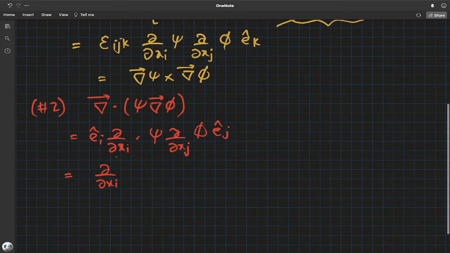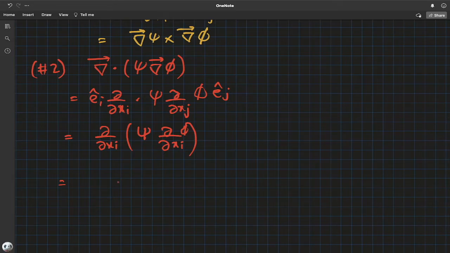Partial xi psi partial xi. The reason I got xi here again is because we have a canonical delta ij out there. I contracted over the indices and just got this.